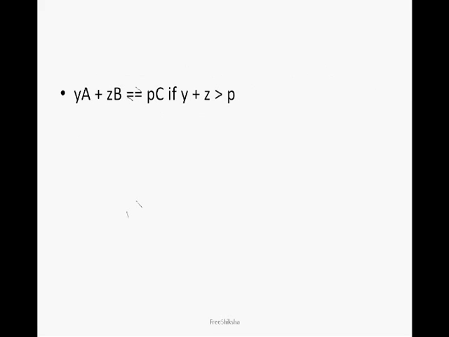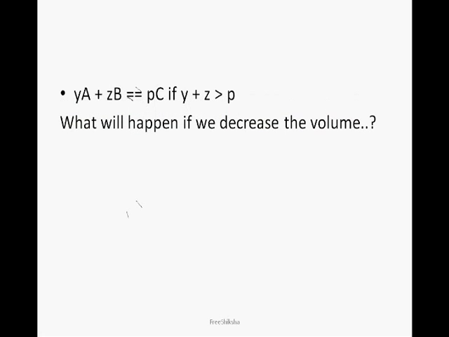Now there's a reaction, say Y moles of A plus Z moles of B giving P moles of C. If Y plus Z is greater than P, that means Y plus Z moles are greater than P moles. What will happen if we decrease the volume?